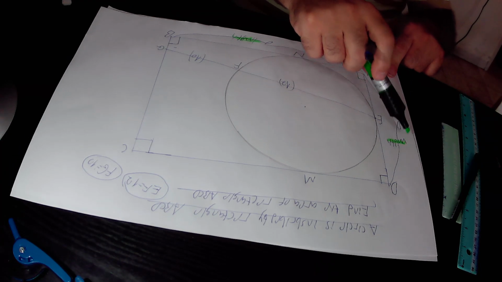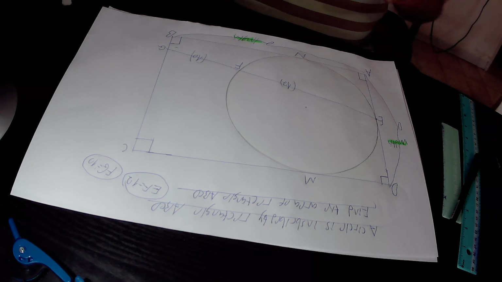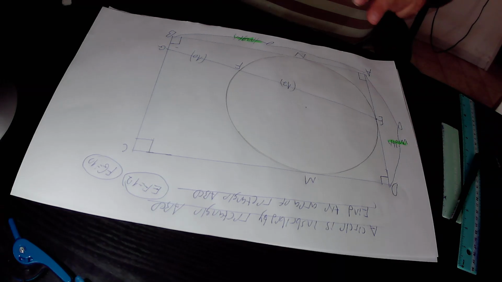So we just have to find the values of AD and AB, and multiply them by each other, and this will be the result. The result will be the area of this rectangle ABCD.